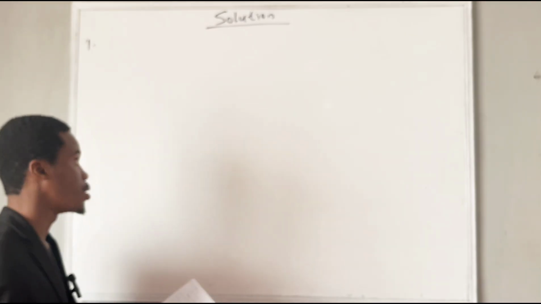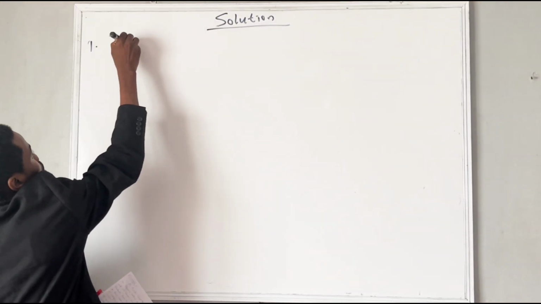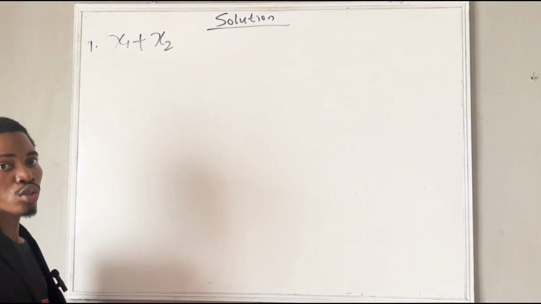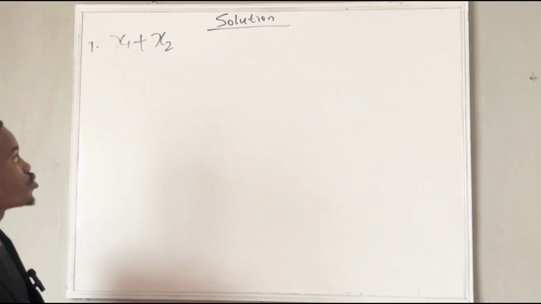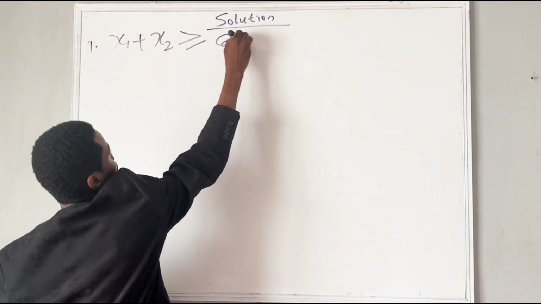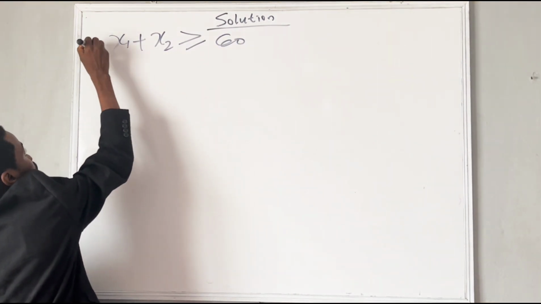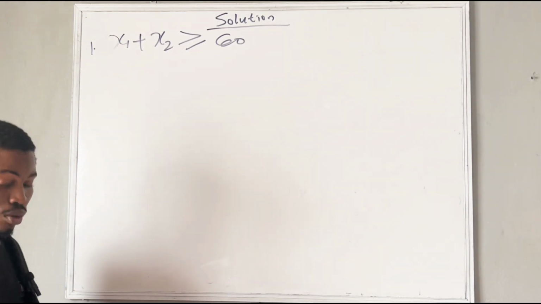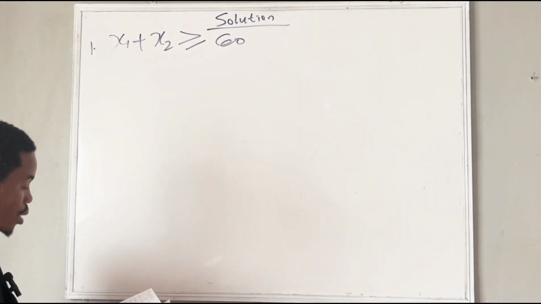Will cost 60 kilograms. So we now have x1 plus x2. Whenever we are dealing with cost, it means our sign will be what? Greater than or equal to 60. This is the minimum of feed meal that will be sold in bags containing a minimum of 60 kilograms.